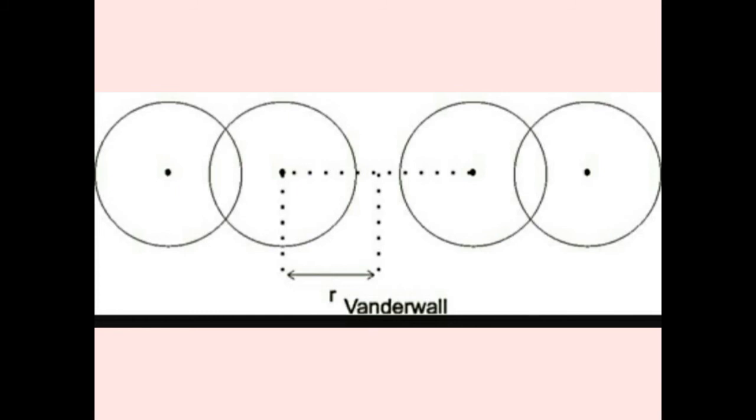So when the two molecules come so close that further closeness is not possible, at that time we will measure their internuclear distance. Like you can see on the screen also, we have measured the distance from one center to the other center and we will divide it by 2. The radius which we will get is called van der Waals radius.